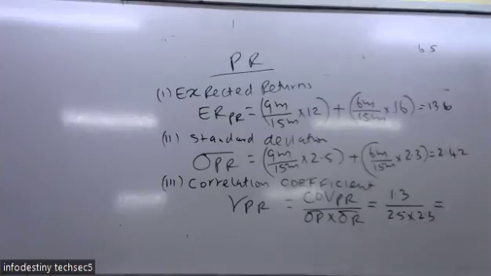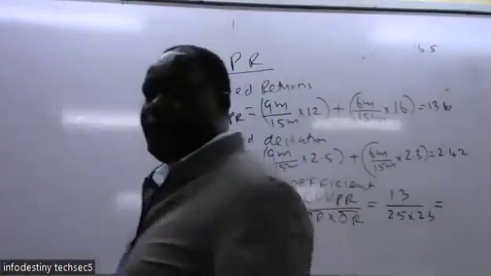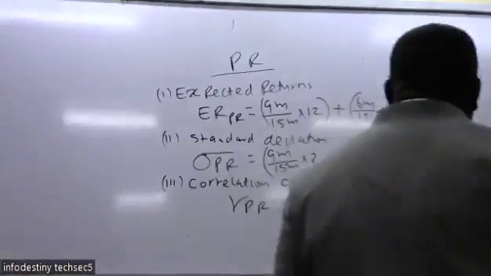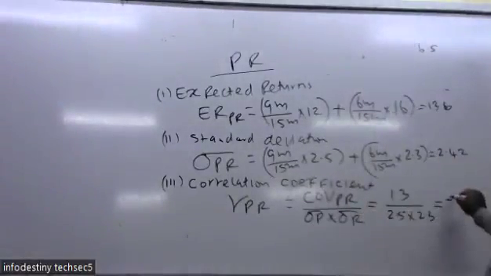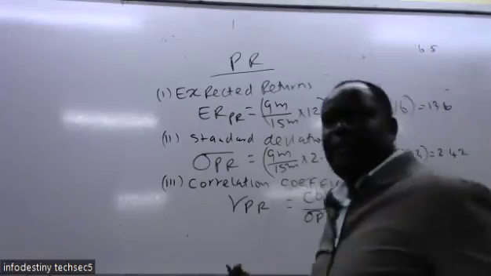So we get the value of 0.23, which is positive. So that is now for the first combination that we accepted.